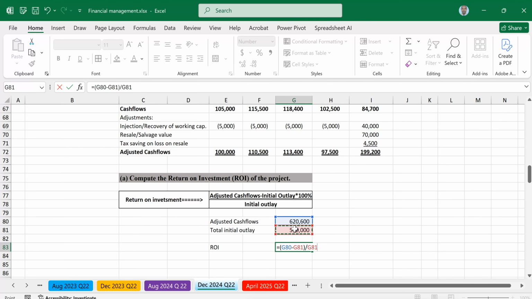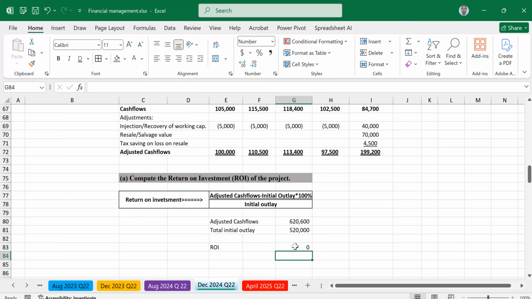So cash flow minus initial outlay over initial outlay. I hope I'm not confusing. That gives us some 0. If you put that in percentage, it's 19%.